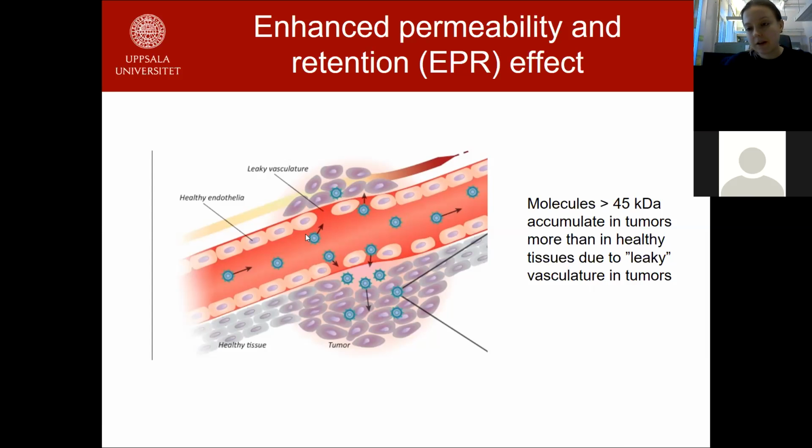The vasculature is very leaky, which means that targeting molecules such as large monoclonal antibodies, which are bigger than 45 kilodalton, can penetrate through the gaps in the vasculature and accumulate in tumor tissue. But that is basically non-specific accumulation. It is not mediated by interaction of the targeting molecule with the target, like a receptor on the cell surface, but it's just passive targeting by the so-called EPR effect.